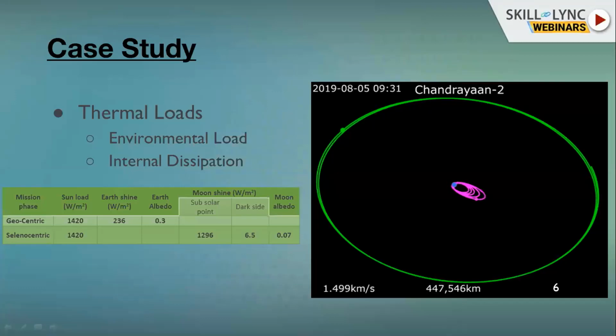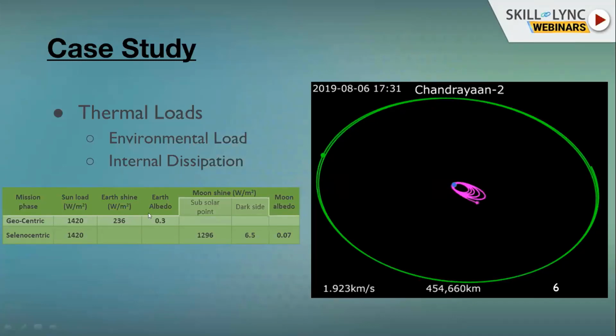So when your spacecraft is in Earth orbit, it will have a sun load, which is the solar flux from the sun, which is maximum around 1420 watts per meter square. Then there will be an earth shine. Earth shine is basically the heat load due to the temperature of earth. On an average, it is around 236 watts per meter square, which is based on the average earth temperature, which is around -18 degrees Celsius.